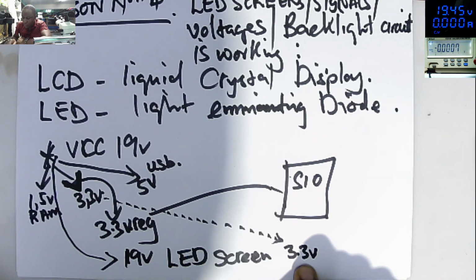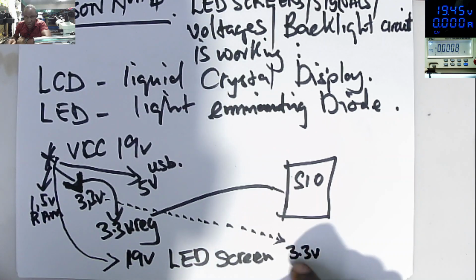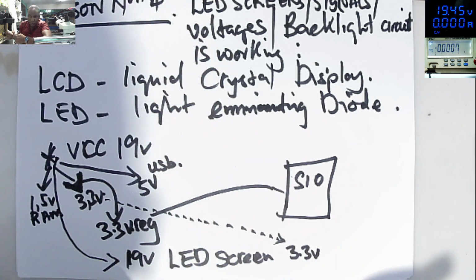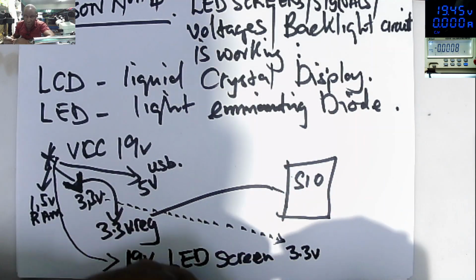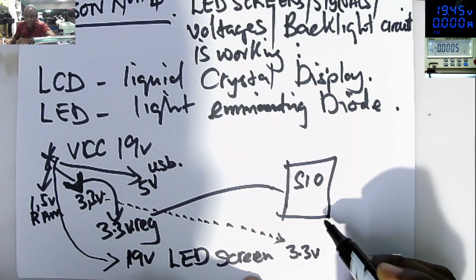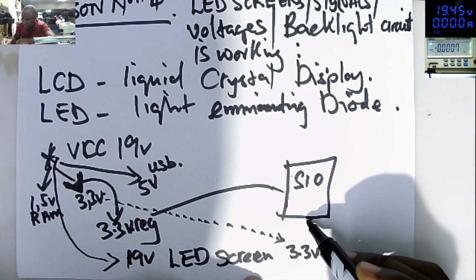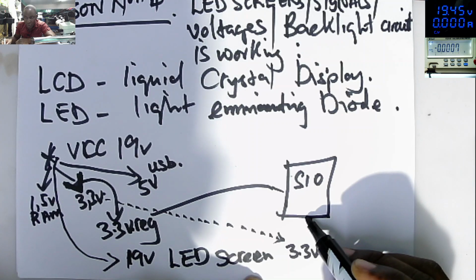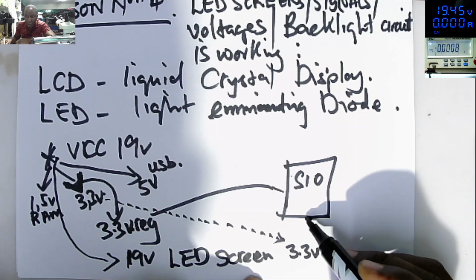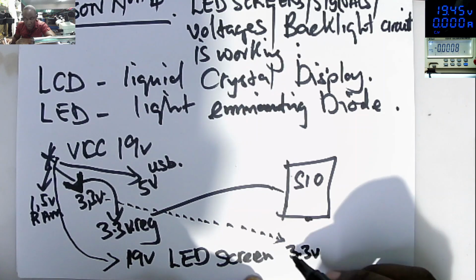So this 3.3 volts, which is going to the screen, we have 2 important signals which are coming from the startup chip here to the screen, which are also connected to the 3.3 volts power supply.